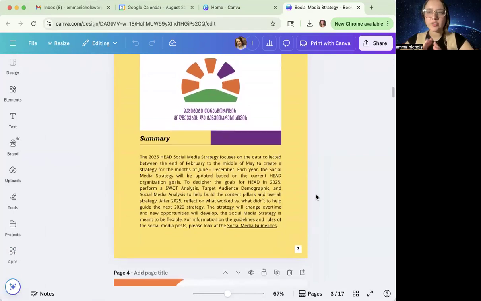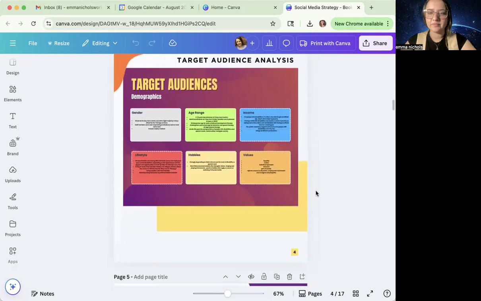So essentially, our social media strategy is going to take you through the full year of what you got planned, and it's going to help you break down different elements like a SWOT analysis, a target audience, your social media pillars, which talks about the different types of posts that you'll make for social media. And then there's also a little bit of an analysis in there for you to understand what type of data you're working with when you're starting your social media strategy.